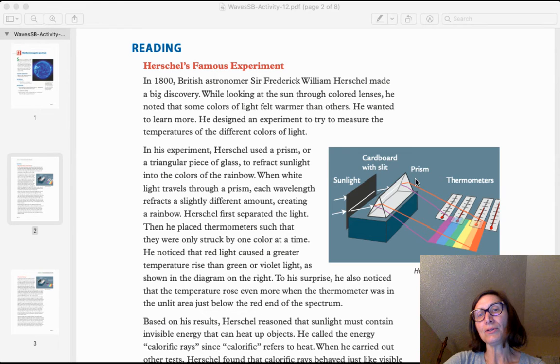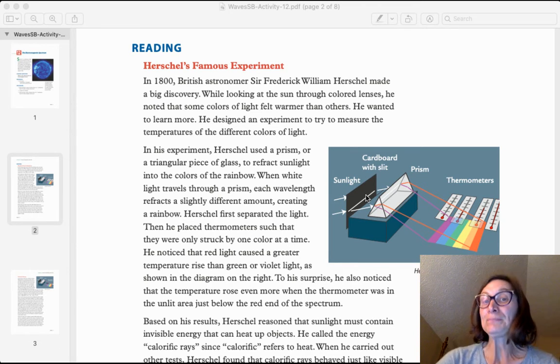So here's his experimental setup, Herschel's experiment. He's got his prism. The sun is coming through this tiny little slit, right? So how do I really focus? That experiment that we did the other day virtually with the light box, that slit of light was coming out. We were watching whether that narrow beam was going to reflect or refract.